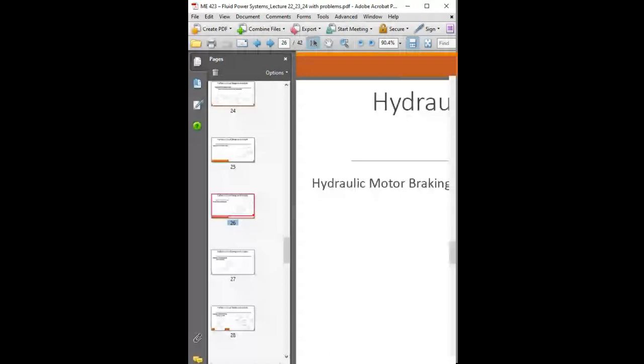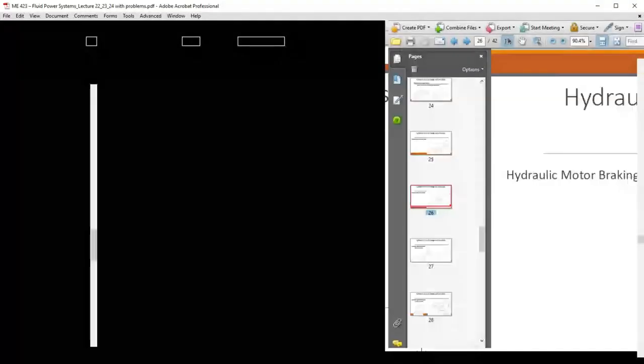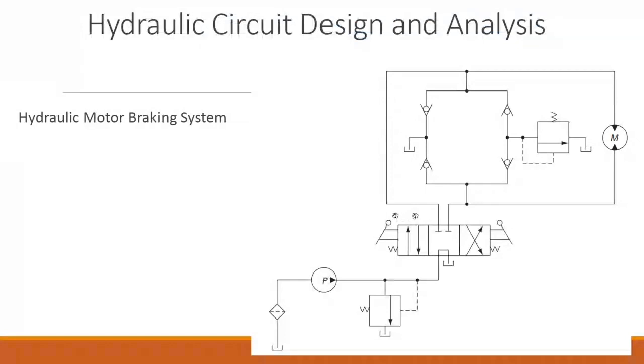Let me just make it full screen mode. I hope you can see the slides.